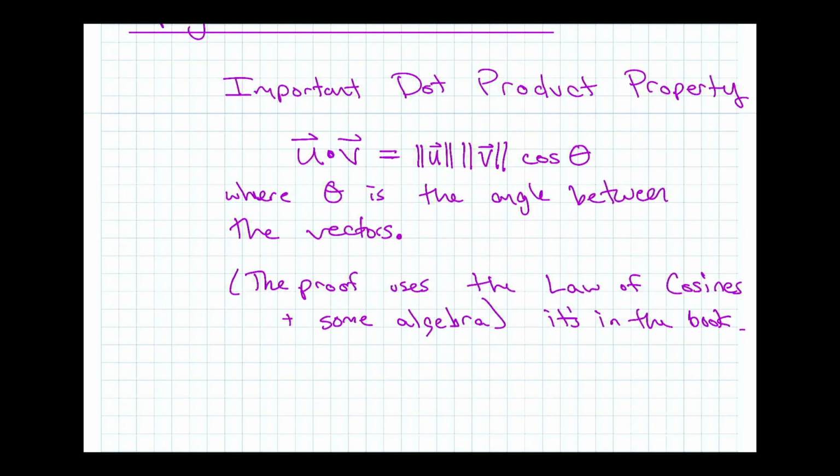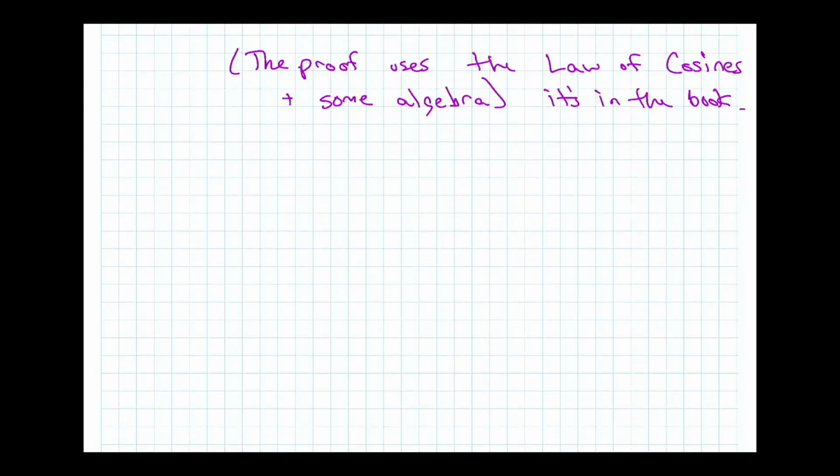So this is a very important property though, because you can use it to calculate the dot product, right? Because it's a formula for the dot product. But also you can use this formula to work backwards and to find the angle theta. If you knew everything else, you could find the angle theta. Okay, so that's kind of the two ways we use it.